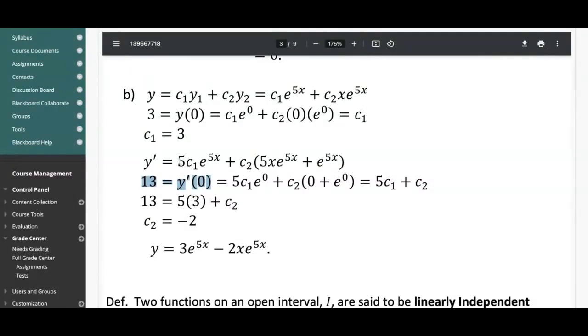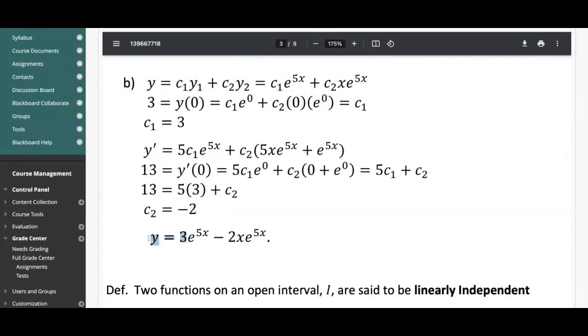Use the second condition. So y prime of 0 equals 13. Right, so what's y prime? y prime is such. So plug in c1 and plug in 0 for x. Then what do we get? We get 5c1 plus c2 equals 13. And we know c1 equals 3. So plug in 3 for c1, we get c2 equals -2.